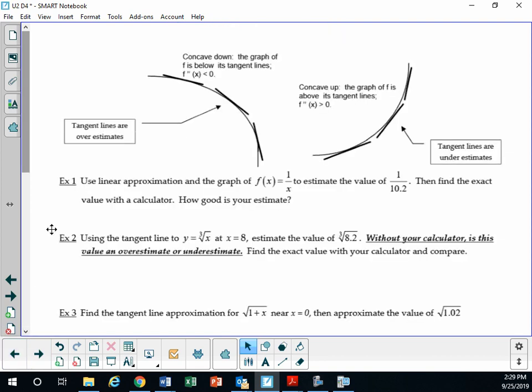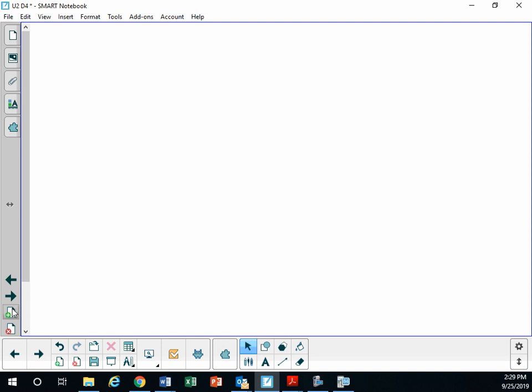So, example 2 says, using the tangent line to y equals the cubed root of x at x equals 8, estimate the value of the cubed root of 8.2. Okay, so is this value an overestimate or underestimate? So again, I'm going to do this on another sheet, just to make it easier.